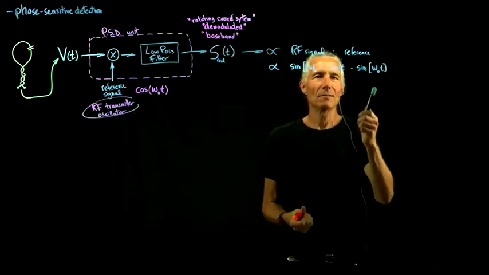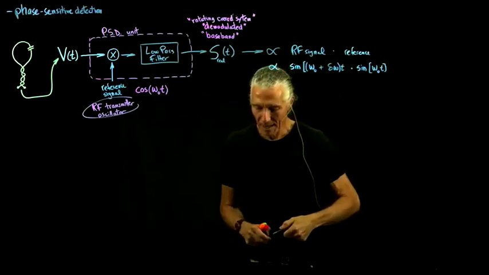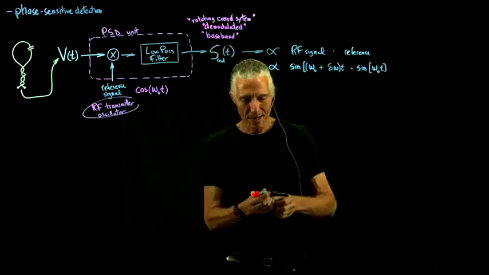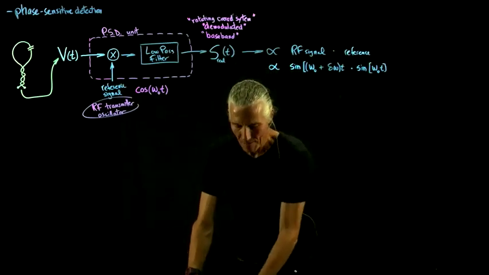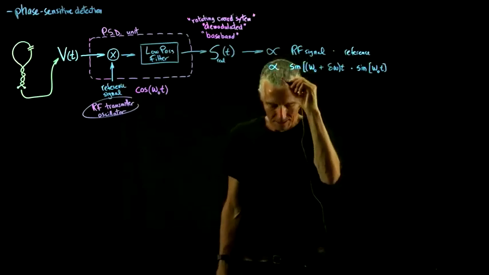So how do we simplify this thing? For this we need a trigonometric identity. The one for sine times sine looks like this.